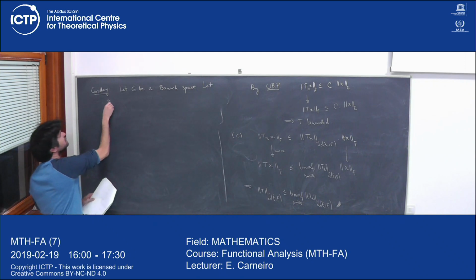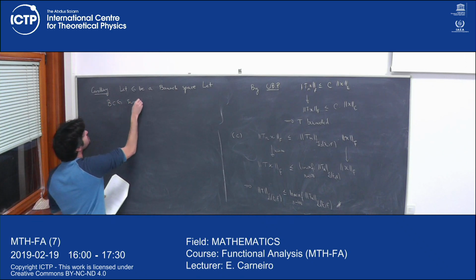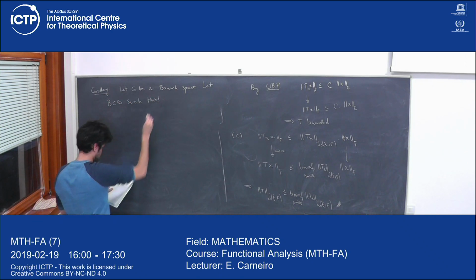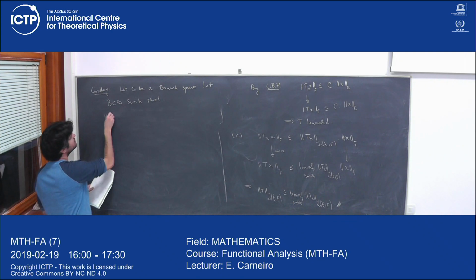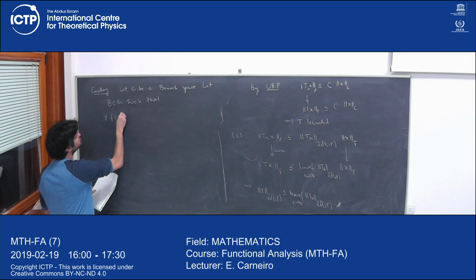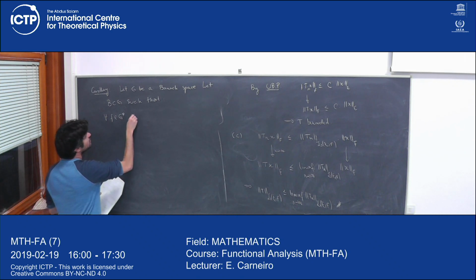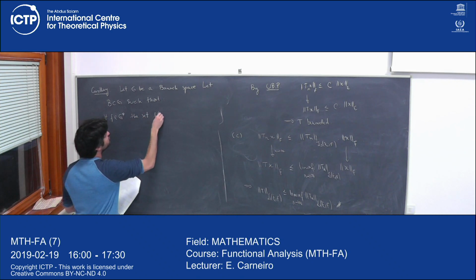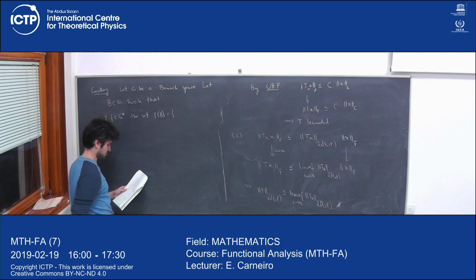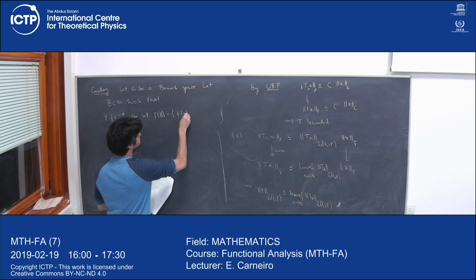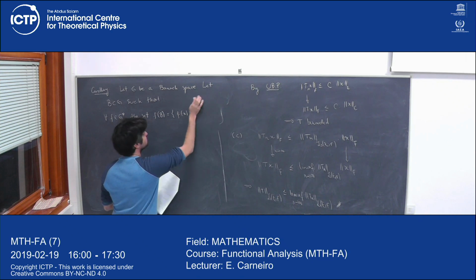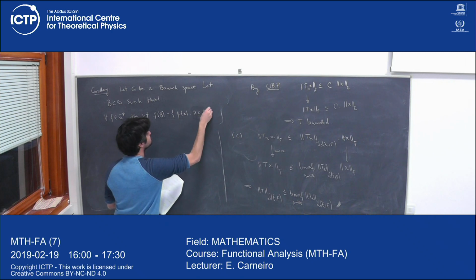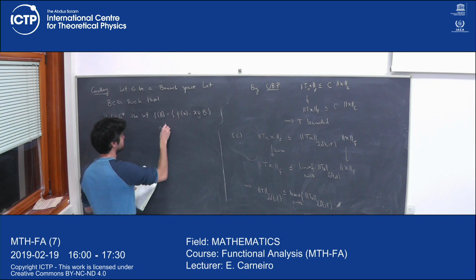Let B be a subset of G such that the following holds: for any f in the dual of G, the set f of B, which is f of x with x belonging to B, is bounded.